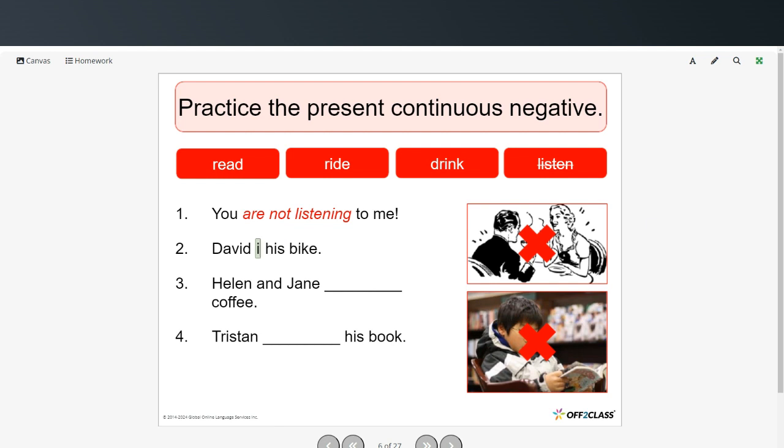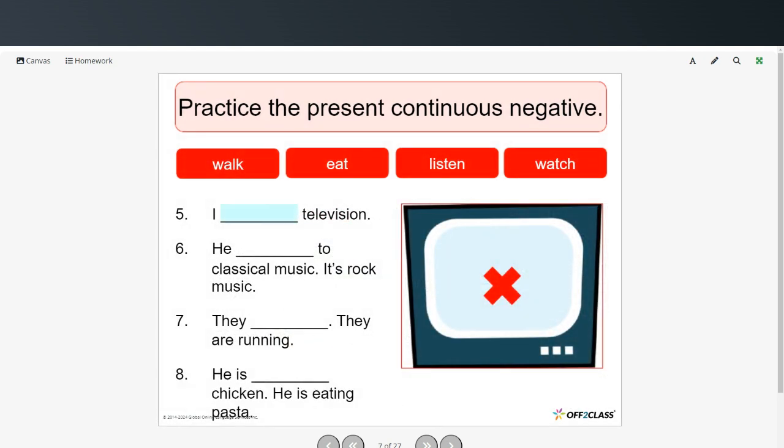Okay, so David is not riding his bike. Helen and Jane are not drinking coffee. And Tristan is not reading his book. I am not watching television.